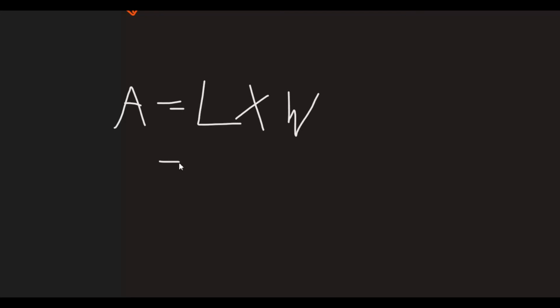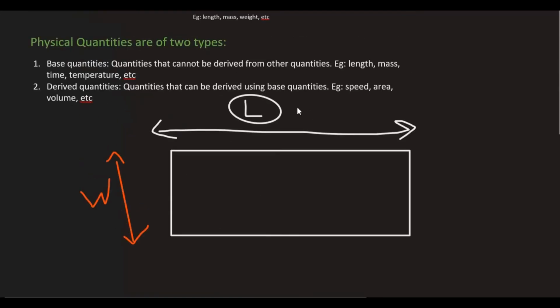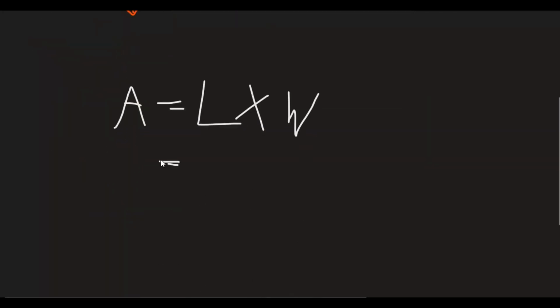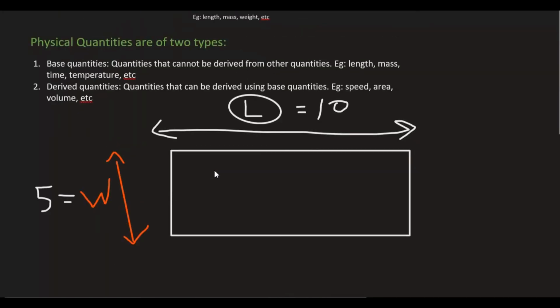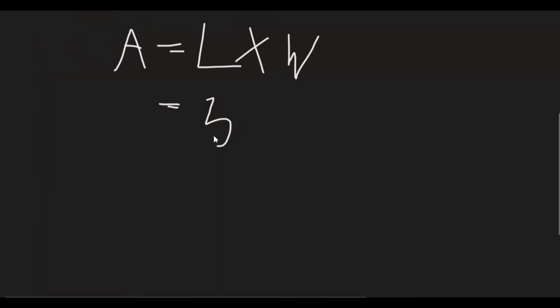So we know that area equals length into width, and suppose that this length equals 10 and this width equals 5. So this area is 10 into 5, 50, right? So it's 50 meter square.